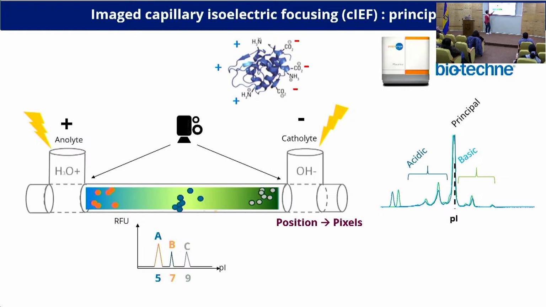When the pH is exactly the same as the isoelectric point, their global charge is near zero, and they stop migrating. So that's how the different charge variants are separated, because each charge variant, as you can see here, exhibits a different PI. Okay, so you obtain a profile.